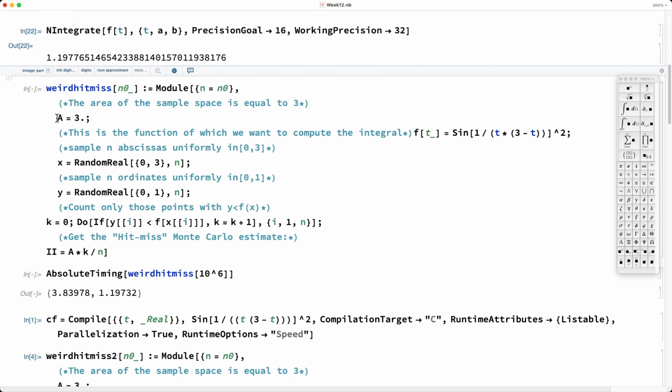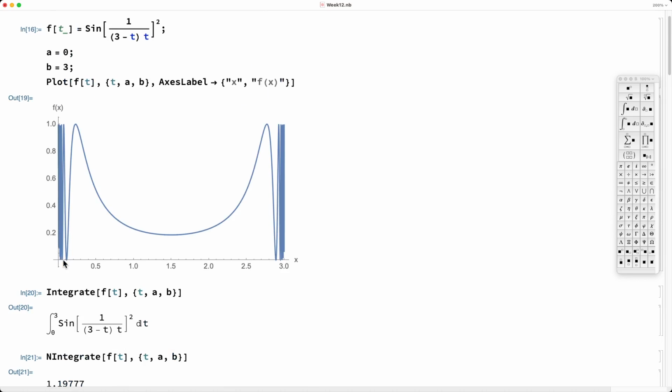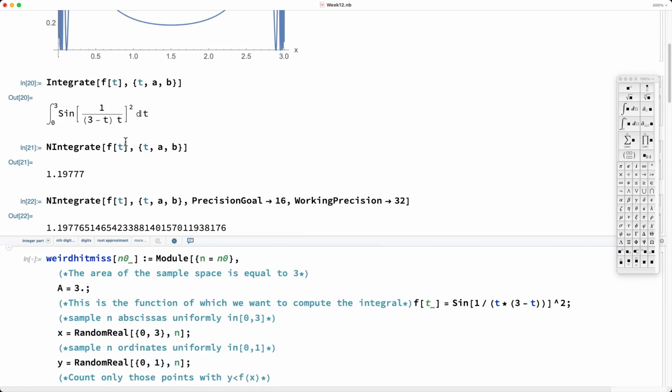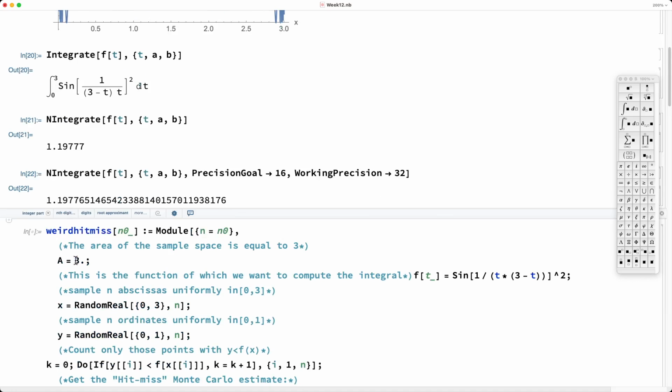So first of all, the area of this region, we see that the y dimension is 1 and the x dimension is 3. So we can enclose this function inside the square that has dimensions 1 by 3. So we're gonna draw samples inside this 1 by 3 square, whose area is a equals 3.